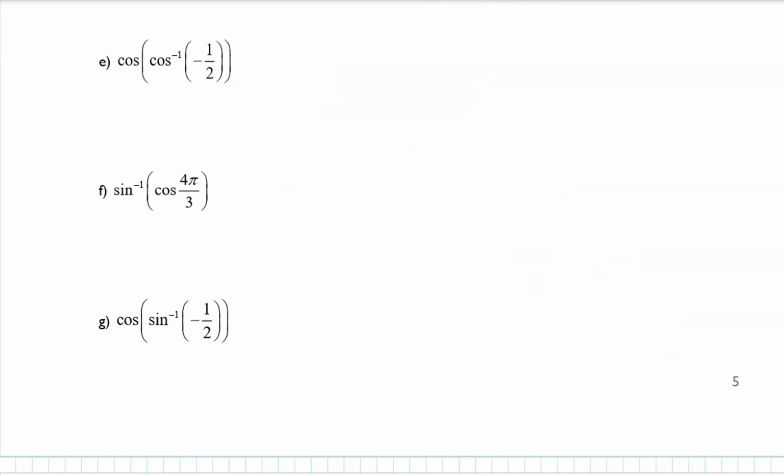Okay, part E says we want to evaluate cosine of cosine inverse of negative 1/2. Negative 1/2 is in the appropriate interval because up above we remember that cosine of cosine inverse of x is equal to x for x values between -1 and +1.